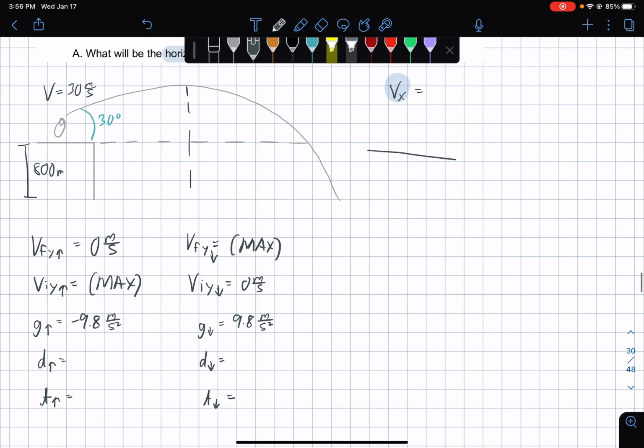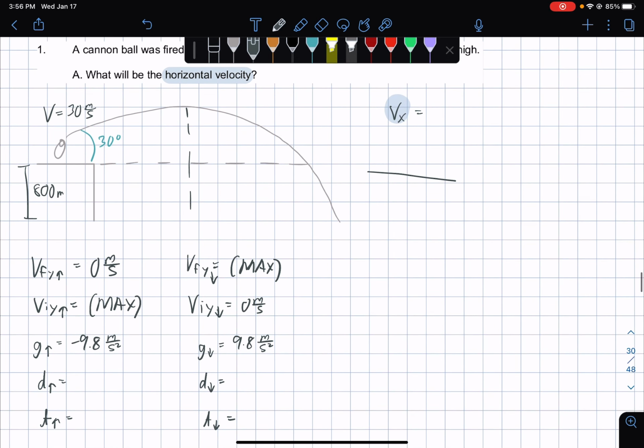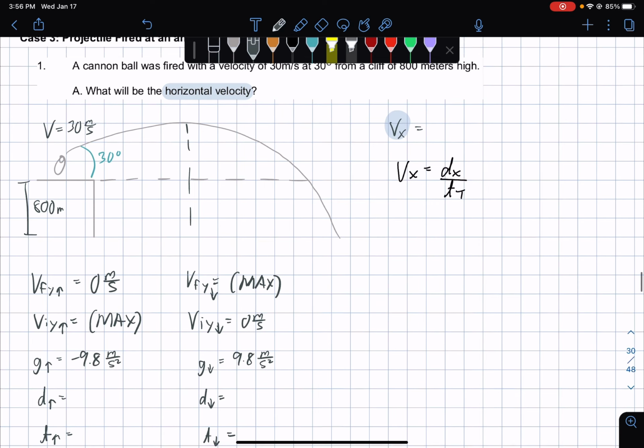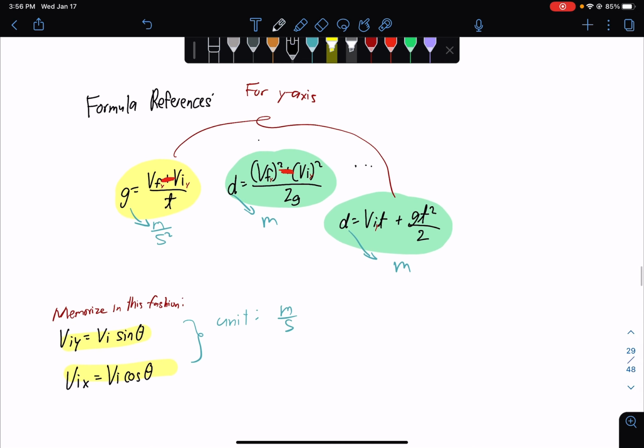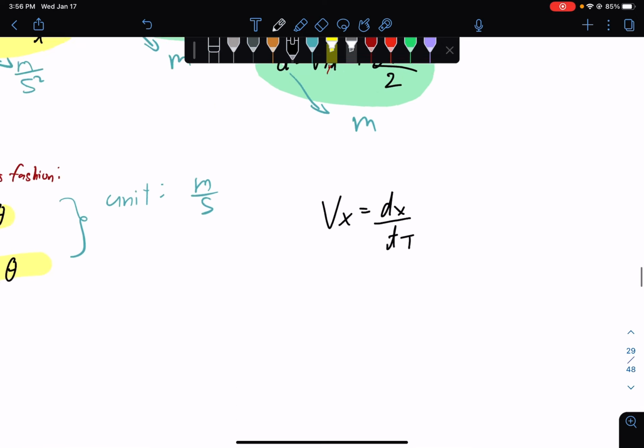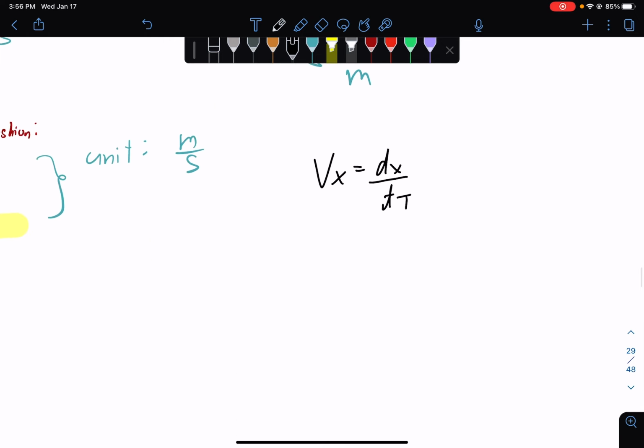Okay, so now we have the table. The formula in order to solve for the horizontal velocity is said to be Vx is equal to dx over total time. Right? Why is it not here? Okay.